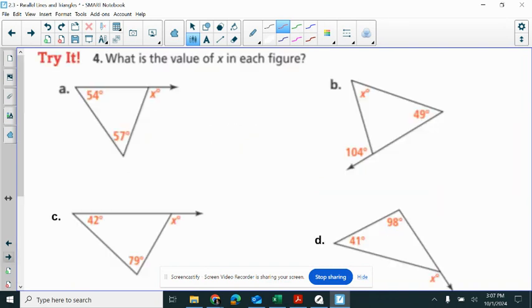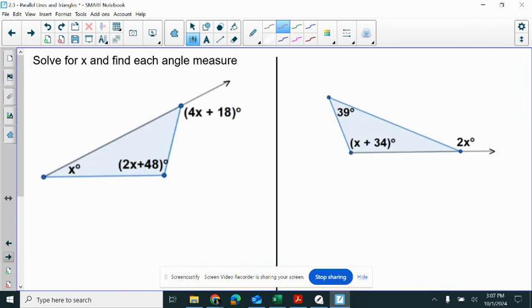All right, two more examples. These two have some variables in there. If we use our exterior angle theorem, I know that if I add my two remote interior angles, so this angle plus this angle, it's going to equal the exterior angle. That's how we set up the equation: x plus 2x plus 48 equals 4x plus 18.